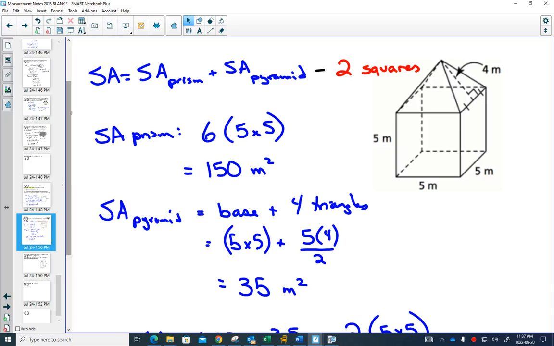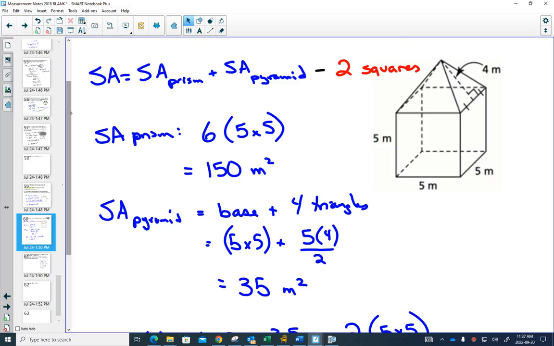Great. Sometimes it might be better just to do the whole thing, like in the example, where the square that's on the top, when I pull it off, there would be like a weird square shape here. It makes way more sense to subtract it rather than to have it calculated separately.